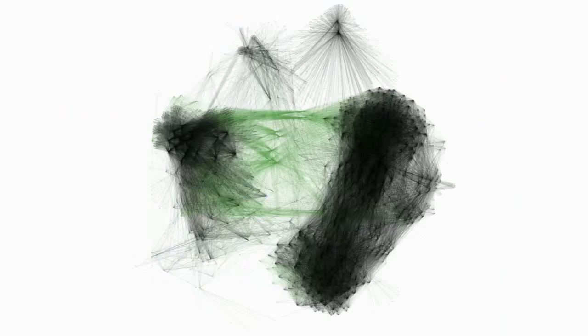Mapping out all of these relationships helps us tell the whole final story. On the left-hand side, you have that original hub and spoke structure that we talked about. And then on the right-hand side, you have that more mesh-like structure of bots. But the glue that's keeping everything together are those amplification bots. Those green relationships are the likes, where someone is liking a tweet from that particular bot.